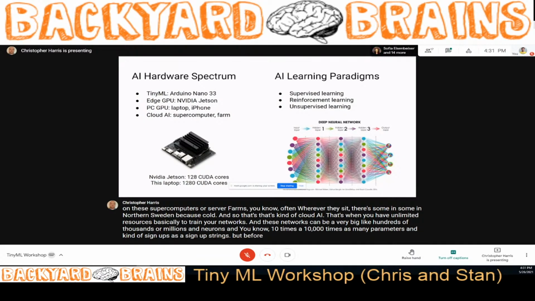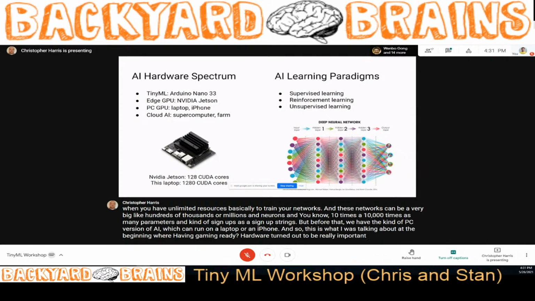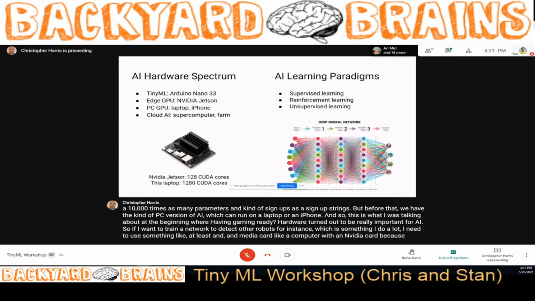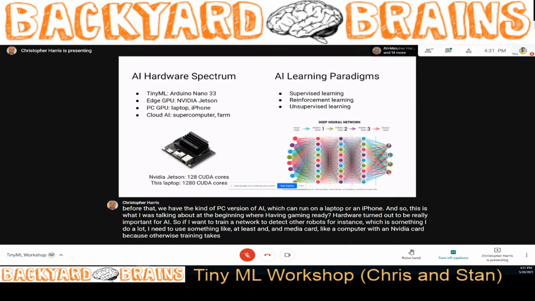This is what I was talking about at the beginning, where having gaming-ready hardware turned out to be really important for AI. If I want to train a network to detect other robots, for instance, which is something I do a lot, I need at least a computer with an NVIDIA card, because otherwise training takes forever, and it can't really run in real time.